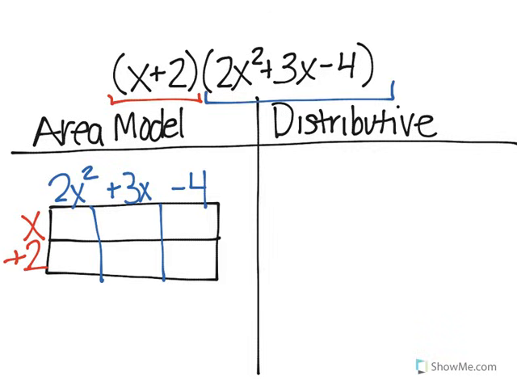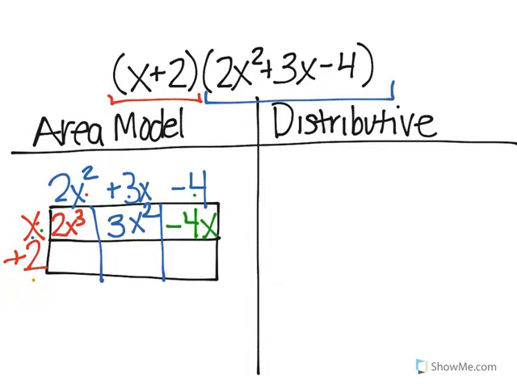Now I'm simply going to multiply each column by each row. First, I'm going to multiply x times 2x squared, which is 2x cubed. Next, I'll multiply x times 3x, which is 3x squared. Next, I'll multiply x times negative 4, which is negative 4x. Now I'll multiply my second row by each column.